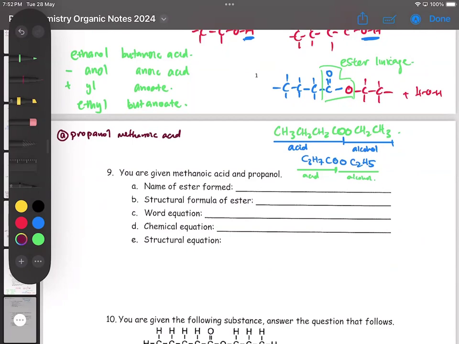Okay, and then do the above rule. Then you will see that the name of the alcohol present will be methyl, sorry, propyl. Propyl methanoate. Okay, meaning 3 carbon alcohol, 1 carbon acid.